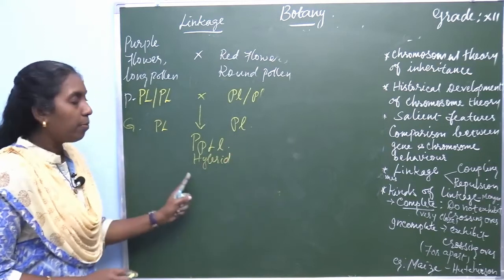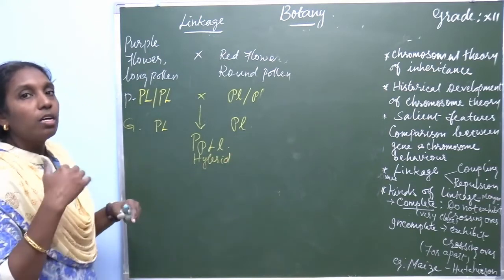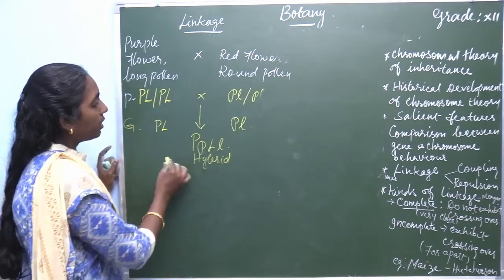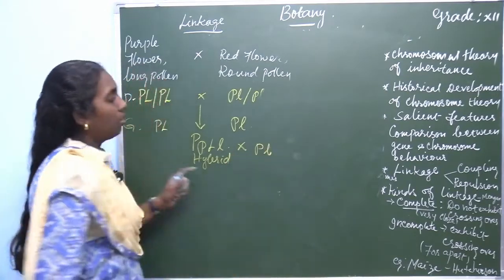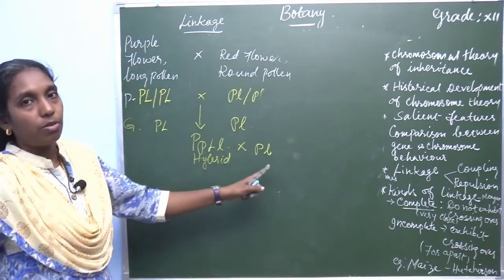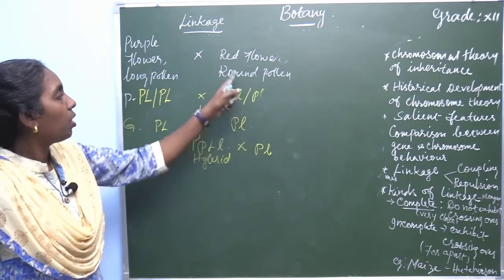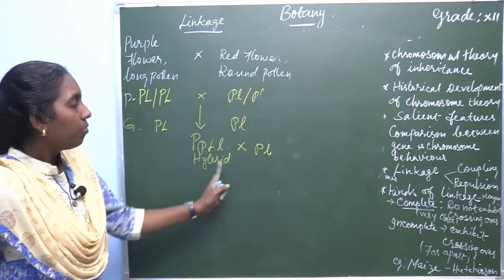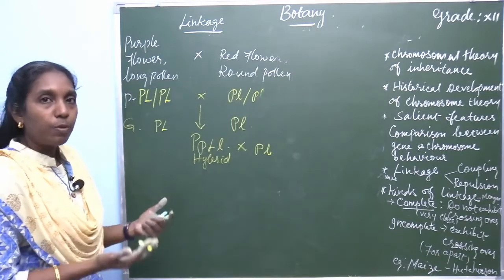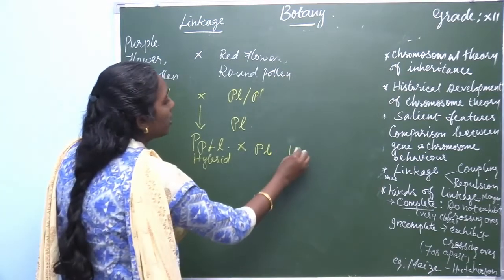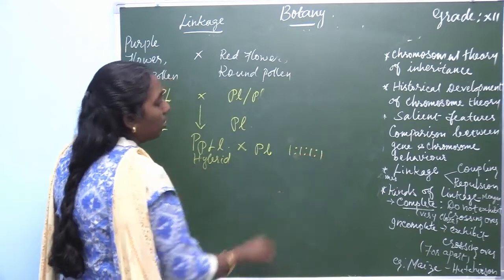Now this hybrid undergoes a test cross. What is meant by test cross? A hybrid with a pure recessive or homozygous recessive, small p, small l. When you make a cross between these, what is the expected ratio? The expected ratio is 1:1:1:1.